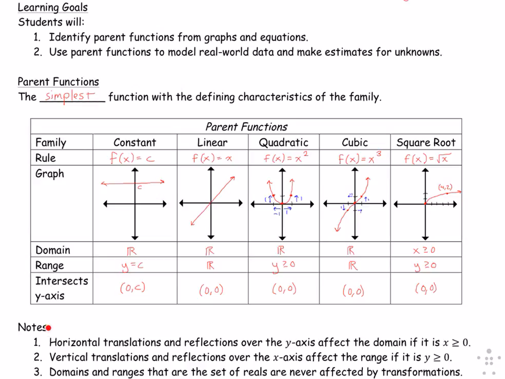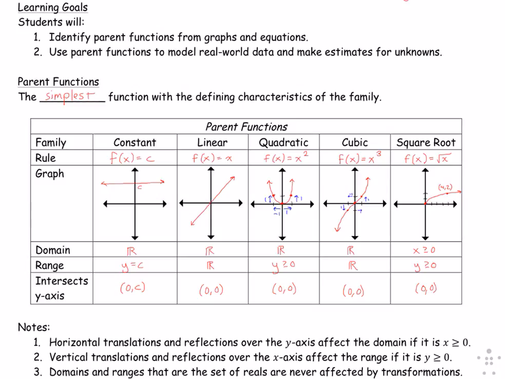That factors into these first 2 notes. Anything that does a horizontal transformation, so translations and reflections over the y-axis, because remember it takes a point from the right and moves it to the left, so those are descriptors of horizontal, that will affect the domain.